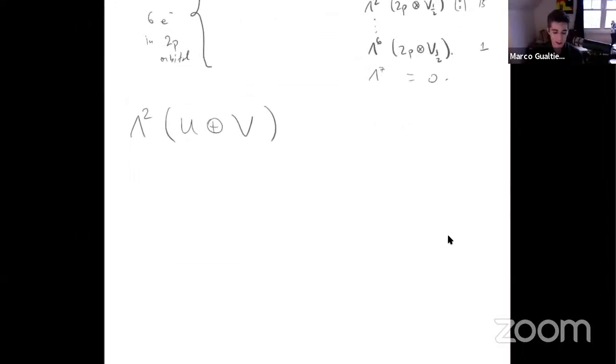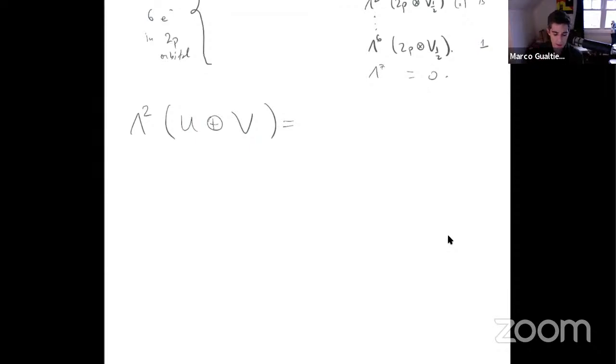So when you take a direct sum and you take wedge 2 of it, okay, there is a nice law for this. The easiest way to figure this out is just by using a basis. So this turns out to be equivalent to wedge 2u, wedge 2v.